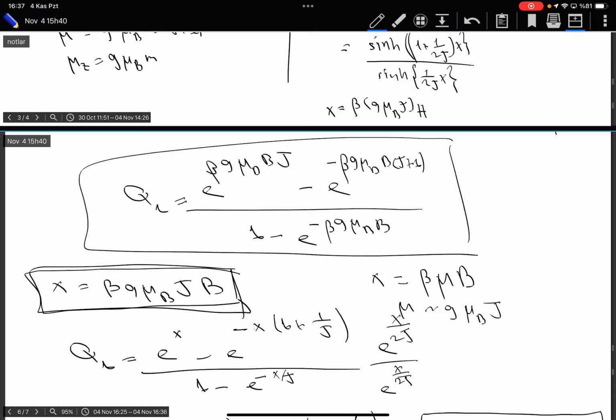But we don't want mu to become very large. So the limit we will take will be J becomes infinitely large, but G becomes infinitely small, so that the product will still have its fixed value. And so that will be the limit that we will study. Okay, now let's take our 10-minute break and we will continue.